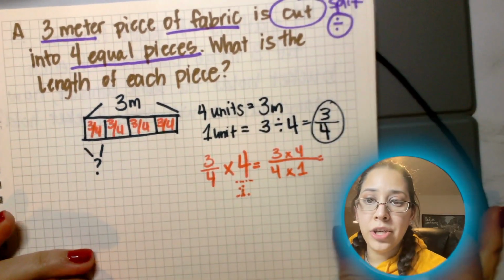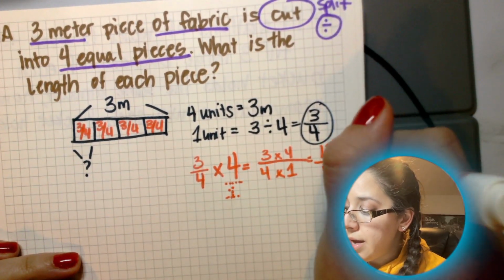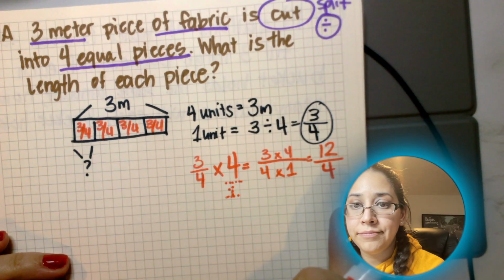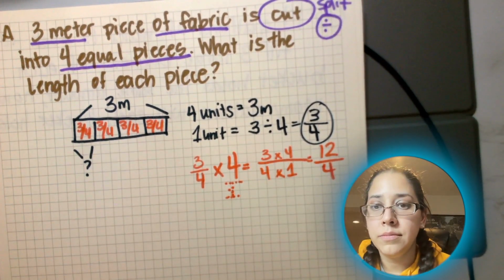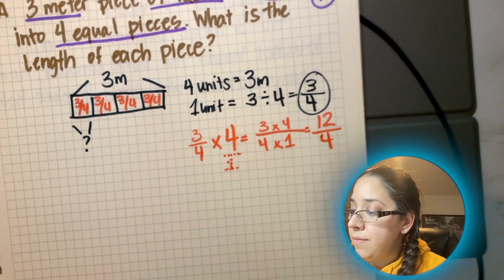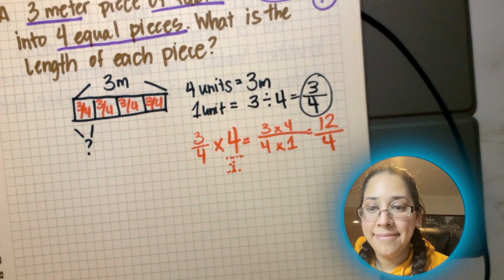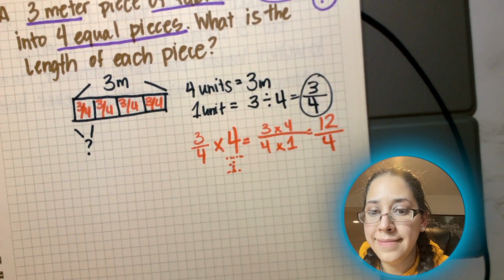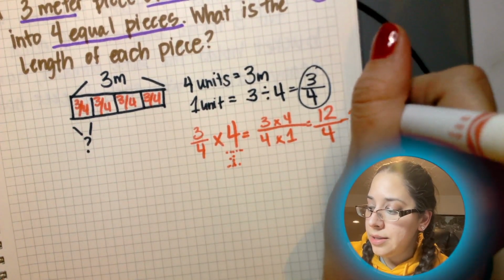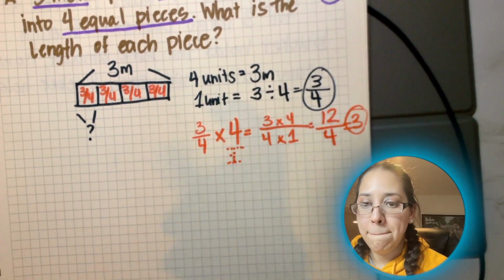So just finish it out, and then you're going to get 12 divided by 4. 12/4, which equals, 12 divided by 4 is 3, which was our original one up here, 3 meters.